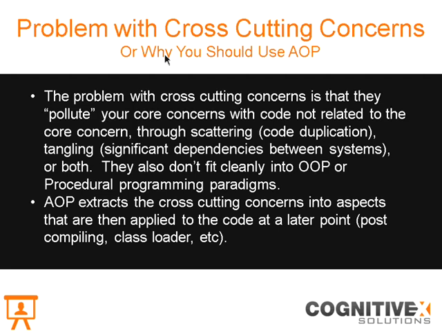So through AOP, you're able to extract these pieces of functionality like logging, transaction management and exception handling, and pull them out into units that can then be applied to your core concerns later by the AOP compiler or class byte loader, depending on the way in which the AOP software you're using is implemented. In this case, we're going to be using PostSharp.